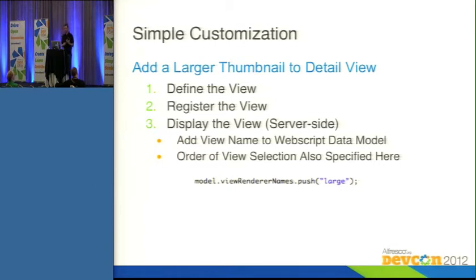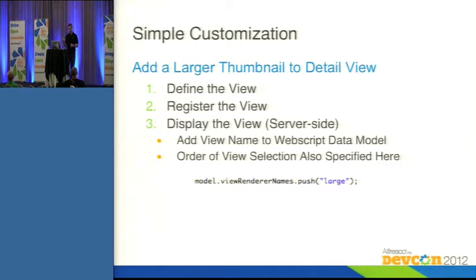So we defined it, we registered it. We need to enable this view for the user. And that involves essentially adding the icon for them to be able to select this view. And that is going to happen on the web script data model. So we're going to add that to the view renderer names that are available to that web script.